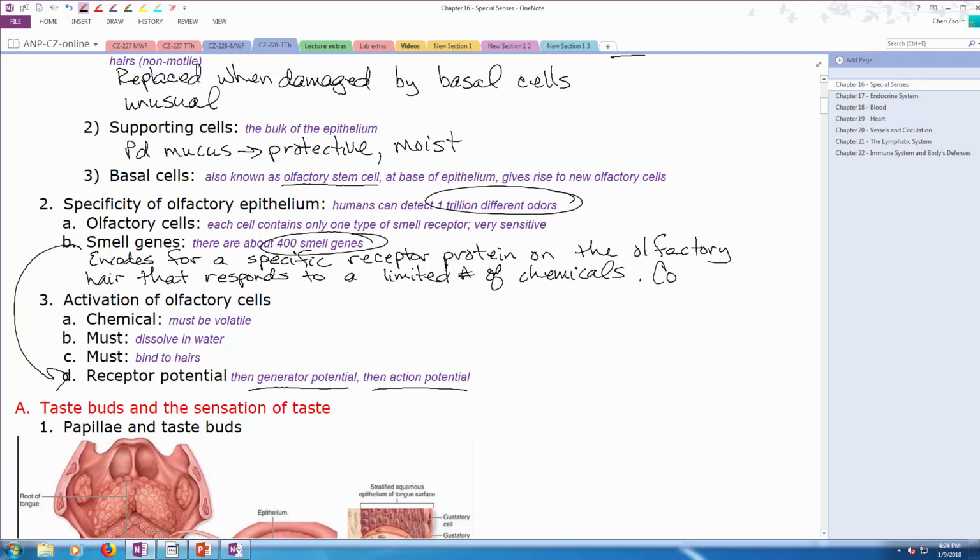And it is the combination of activations that gives the wide variety of perceptions. In other words, the possibility to experience 1 trillion different odors.